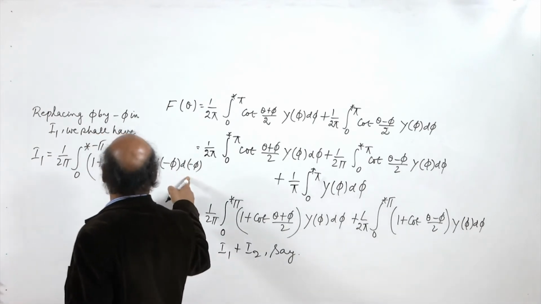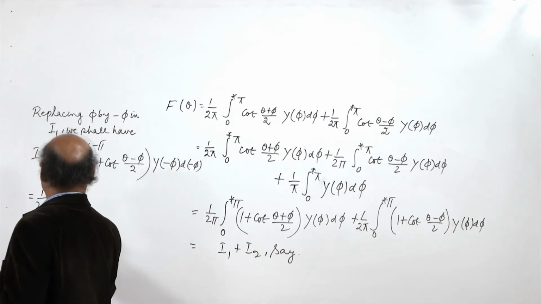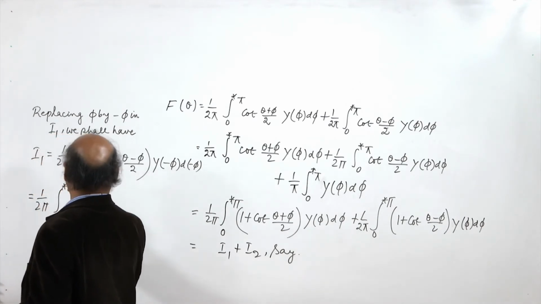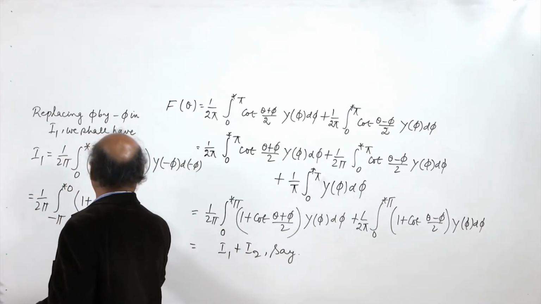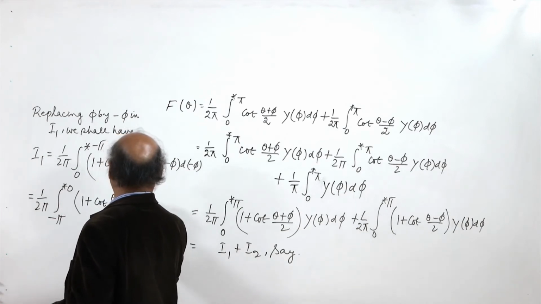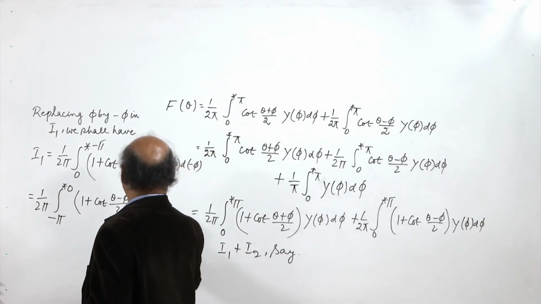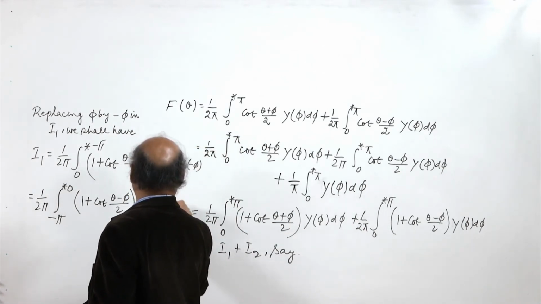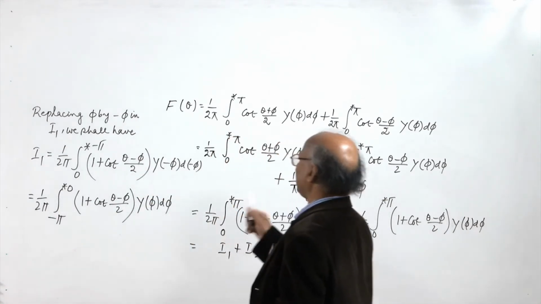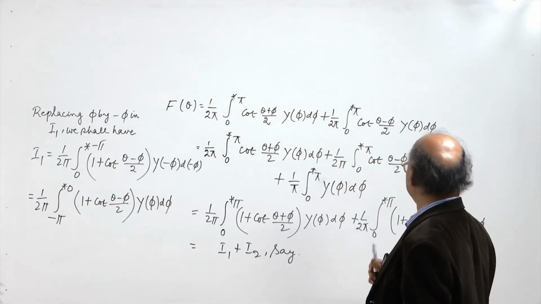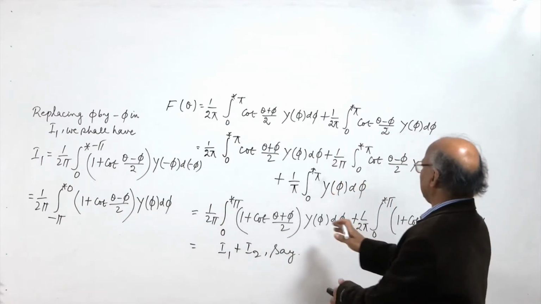Since d of minus phi is minus d phi, I can write it as 1 over 2 pi integral from minus pi to 0 of 1 plus cot of (theta minus phi) by 2, y phi d phi, as y of minus phi is equal to y phi. So I1 is 1 over 2 pi integral over minus pi to 0 of 1 plus cot of (theta minus phi) by 2, y phi d phi.